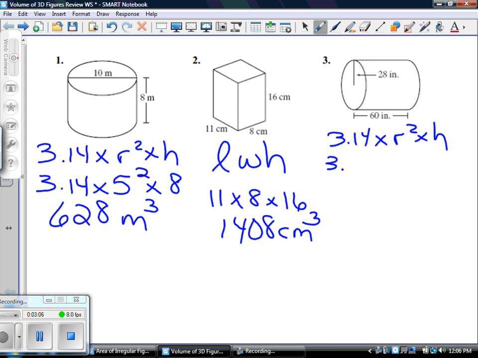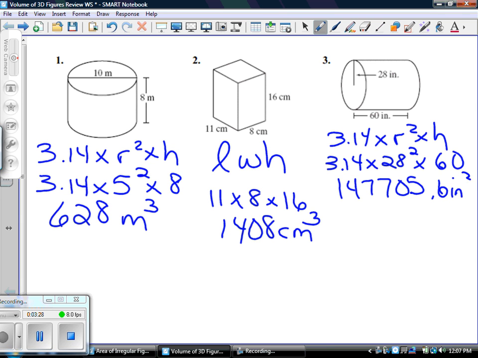I see the radius is 28, I square it, I see the height is 60, and when I plug in and I get my answer, it is 147,705.6 inches.